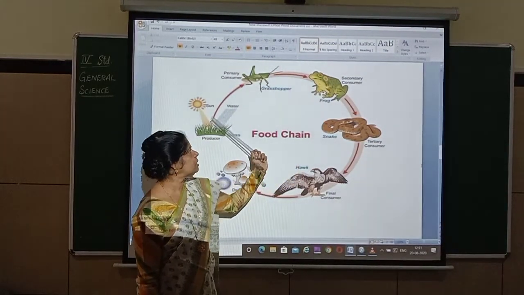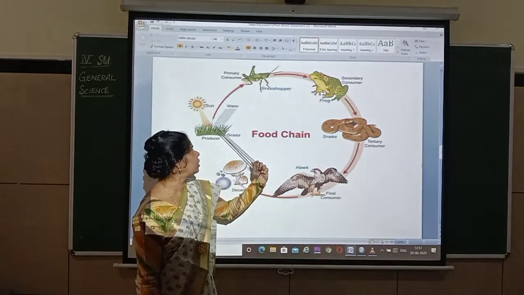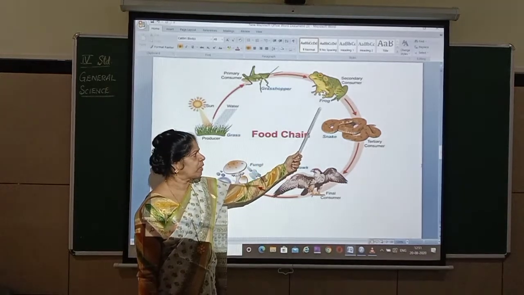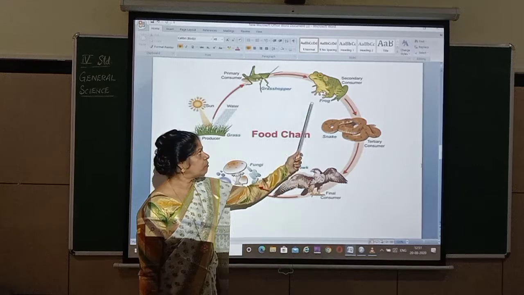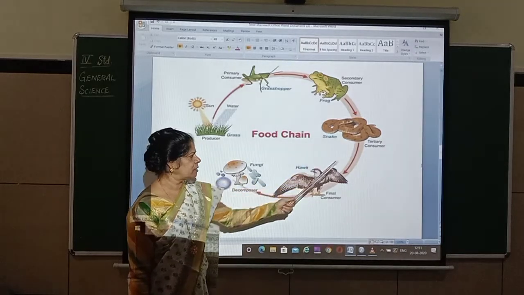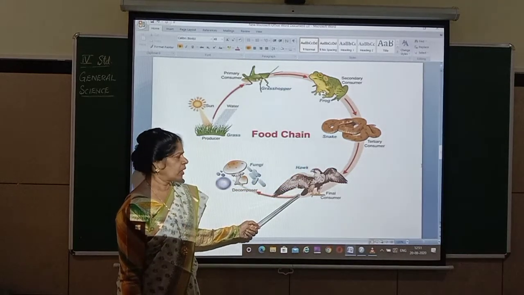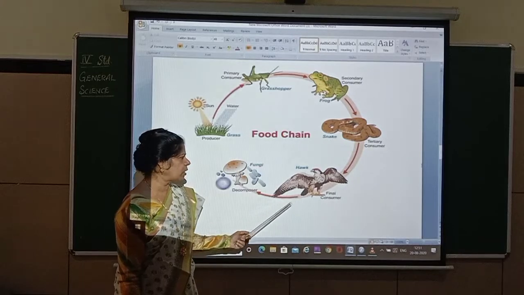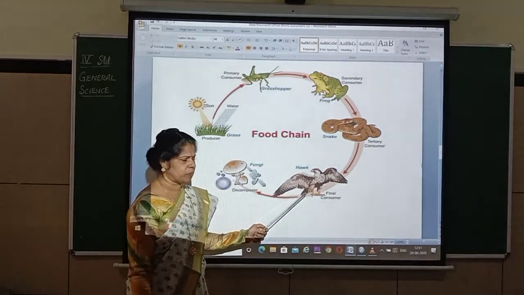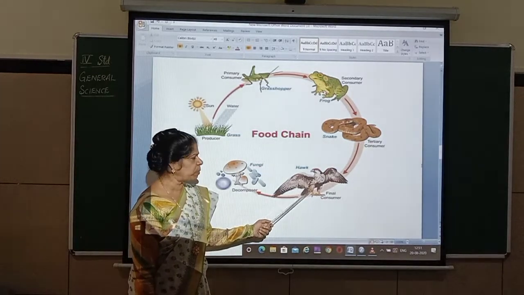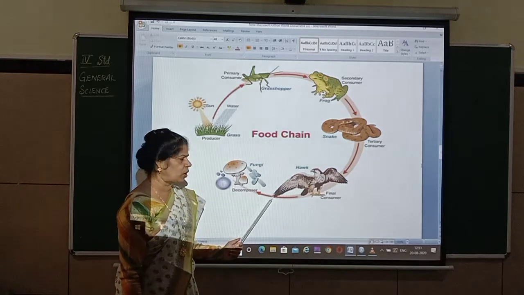So what is happening? There is a transfer of food energy from one organism to the other. The snake is eaten by the hawk. Now the hawk dies, it decomposes, or its droppings fall in the soil.